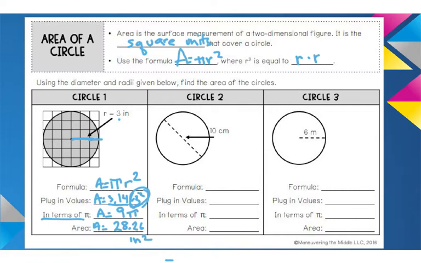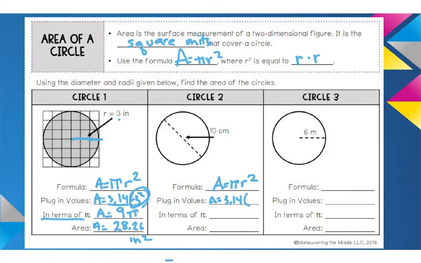Okie doke. Going on to the next one, circle 2. Again, maybe it will be seared into your brain that area is equal to pi r squared. Again, we don't know the area yet, but we know 3.14 is our rounded pi number.